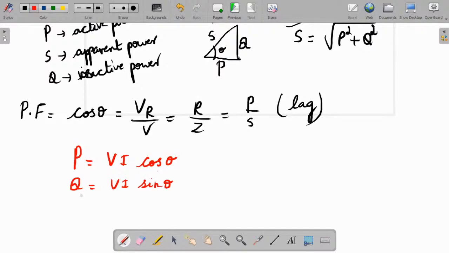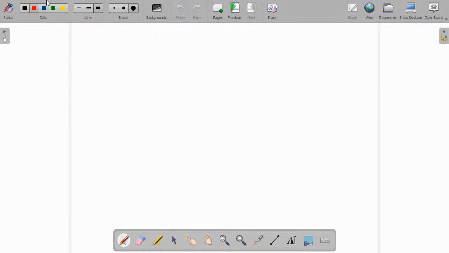And apparent power is given by V into I conjugate, the complex conjugate of current I. Next we'll see the series RC circuit.